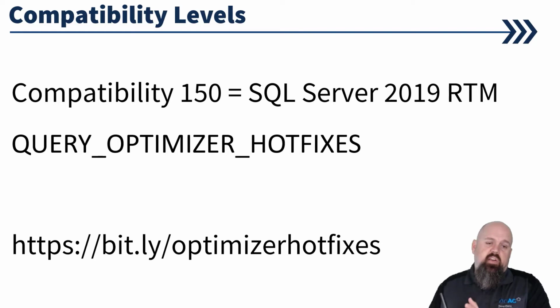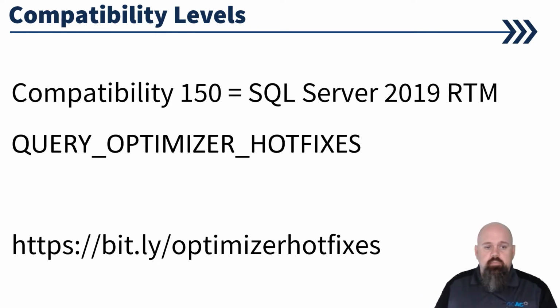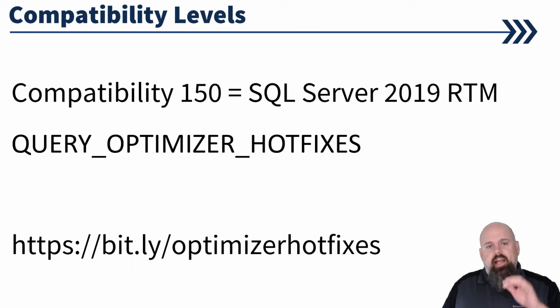So if there is a specific reason that you need to enable that, you can go check out all the cumulative updates. There might be an issue that got fixed with one of those releases. Then you can go enable that with a simple database change. I've actually got a blog post listed right there, that bit.ly link. That'll go to my blog, and it'll talk about that hotfix and how it works with both on-premises and in Azure SQL Database. So feel free to check out that blog post and we can see how it functions.